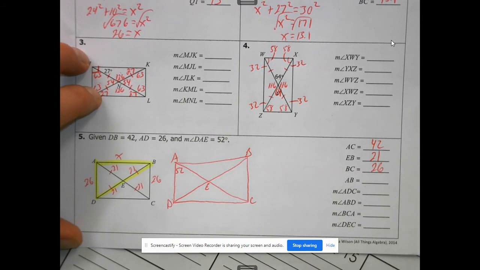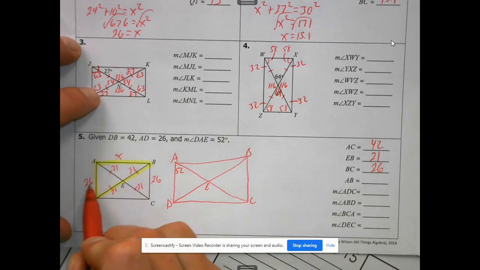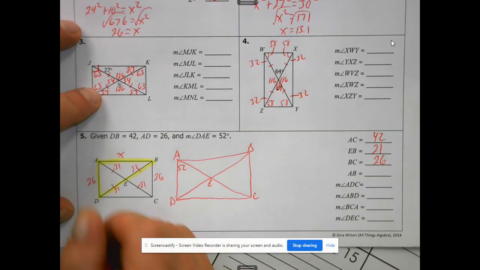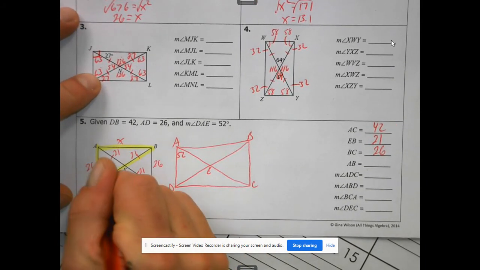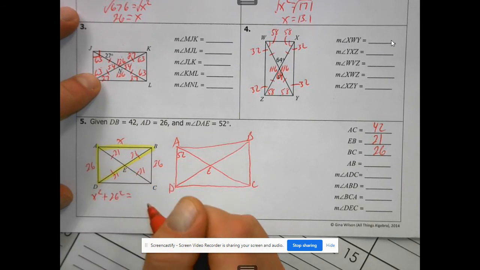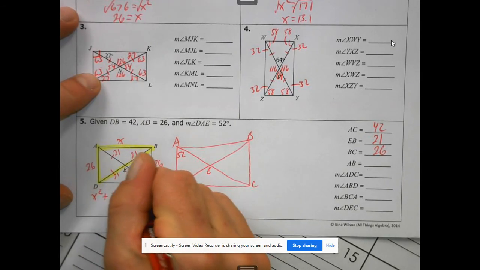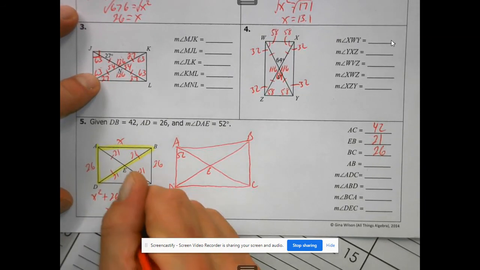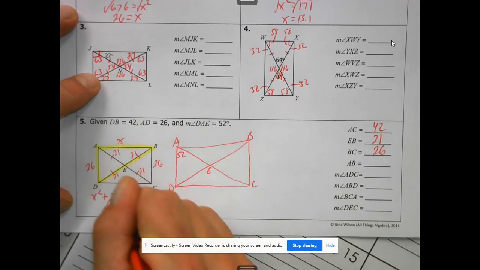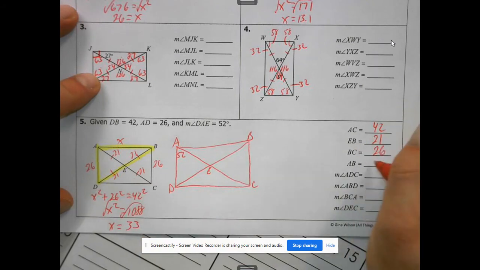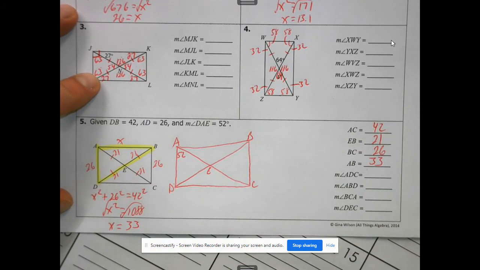We'll call it X. A squared plus B squared equals C squared. So X squared plus 26 squared equals 42 squared. Subtract over the 26 squared. That comes to be 1,088. Square root that, and it comes out to be 33. So A to B, 33.